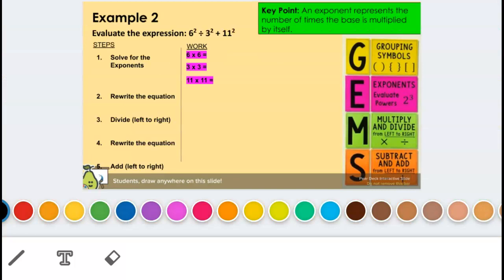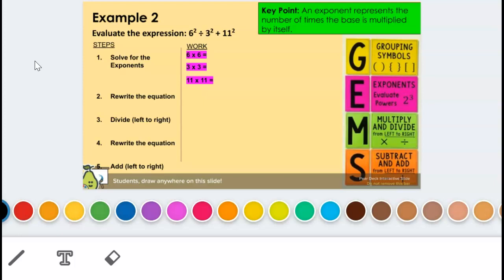Here we have an example. It says, evaluate the expression 6 squared divided by 3 squared plus 11 squared. The other way someone might read this is 6 to the second power divided by 3 to the second power plus 11 to the second power.